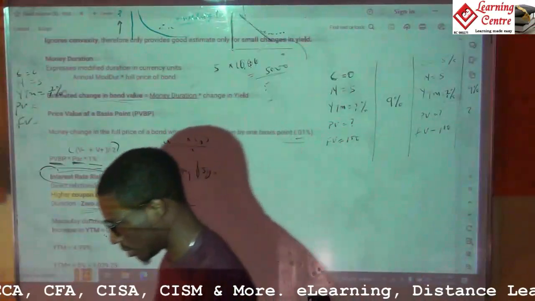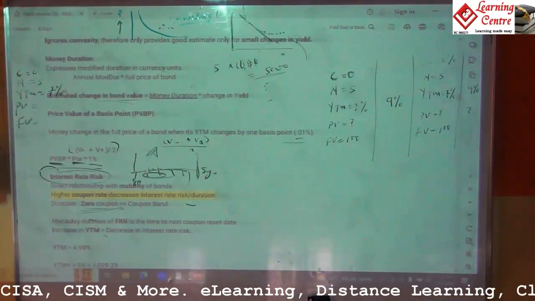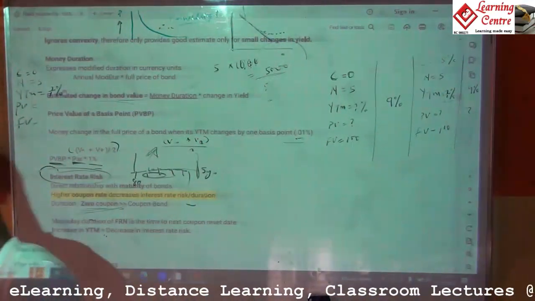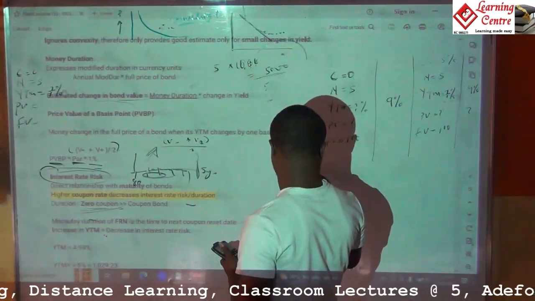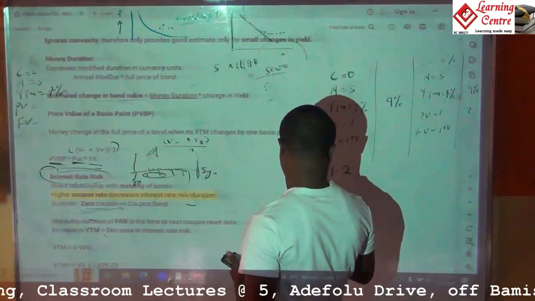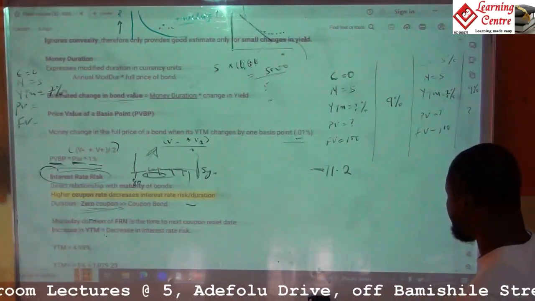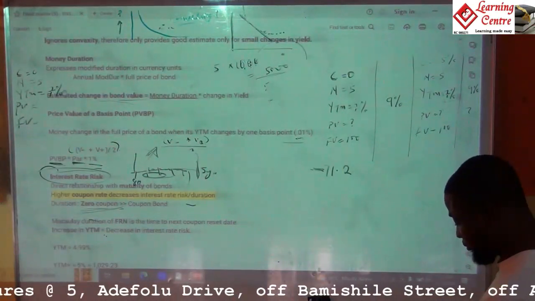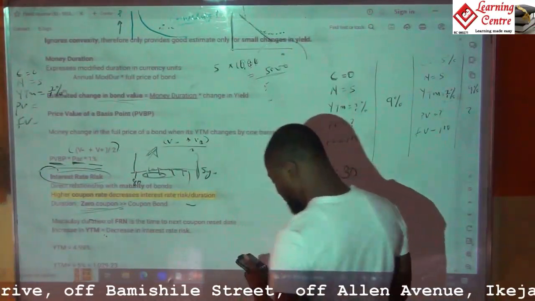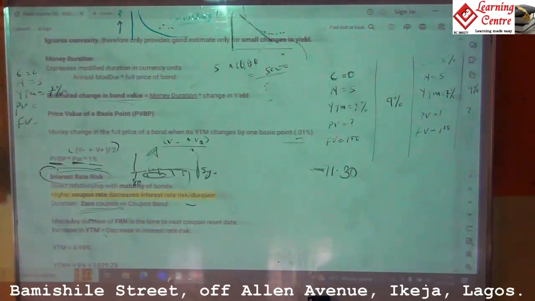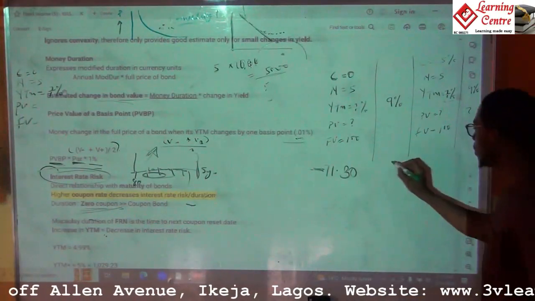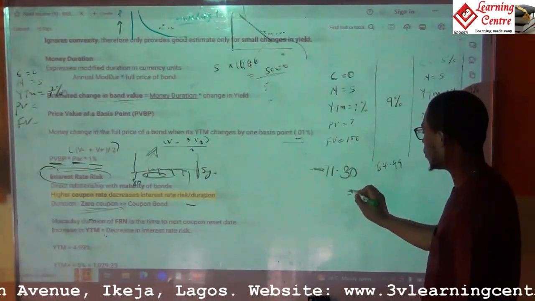So let's see. It's 64.99. The decline is how much?